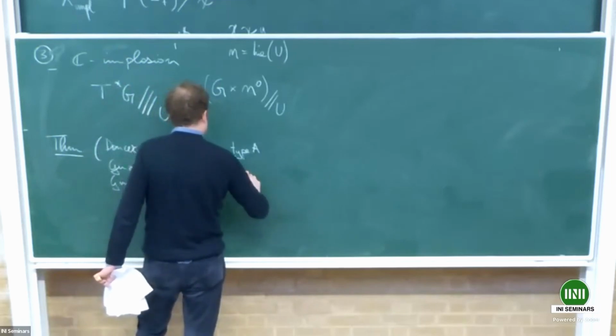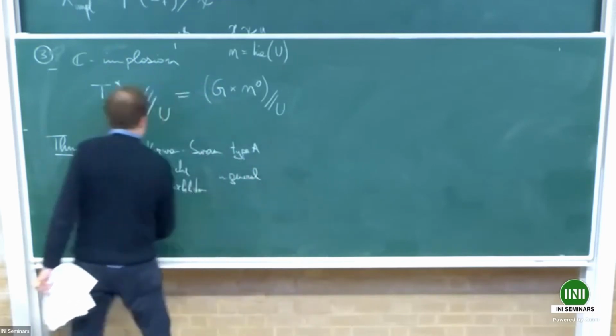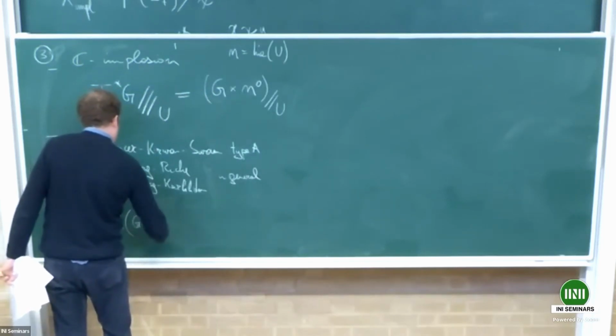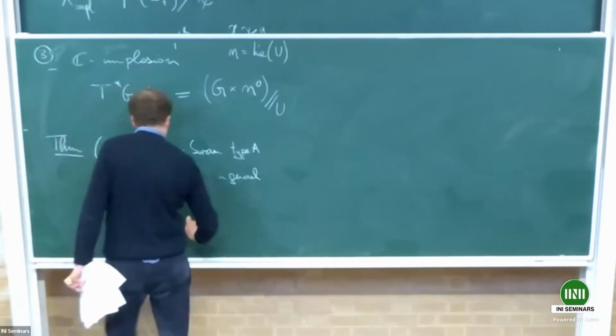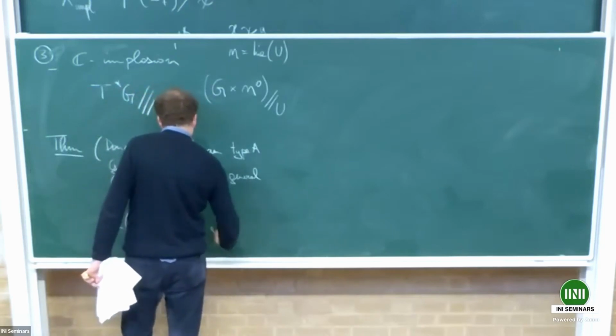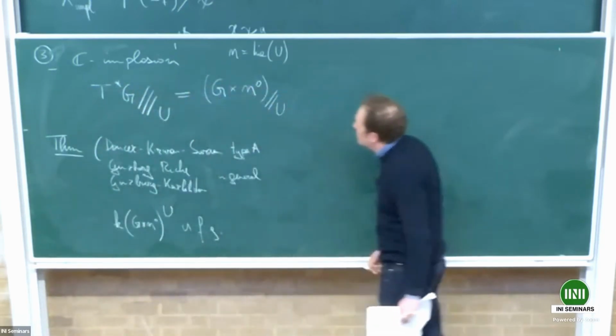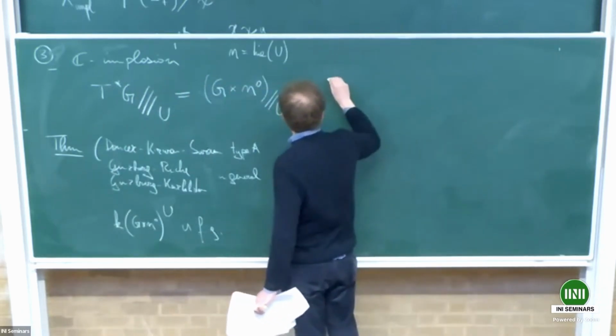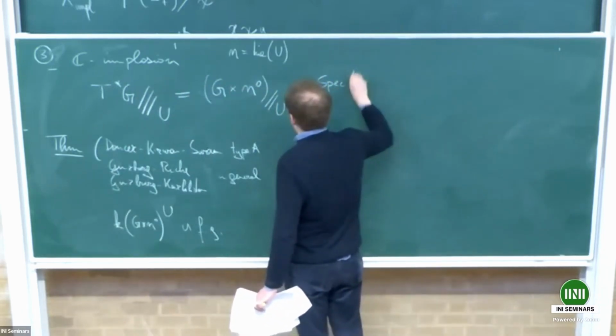For arbitrary reductive groups, you have that this is finitely generated. So we can now just define the universal implosion to be the spec of this ring of invariants.